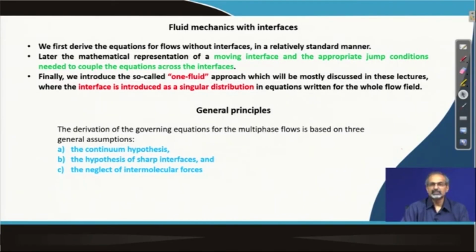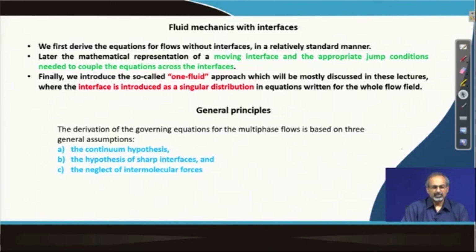So, it is essentially a single fluid, but with different fluid properties in different regions incorporated across the interface, and the interface location is introduced through a singular distribution, which is going to be discussed later, and it is forced through a certain source term in the momentum equations.